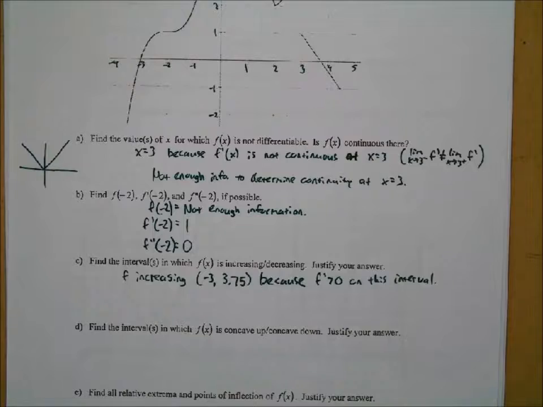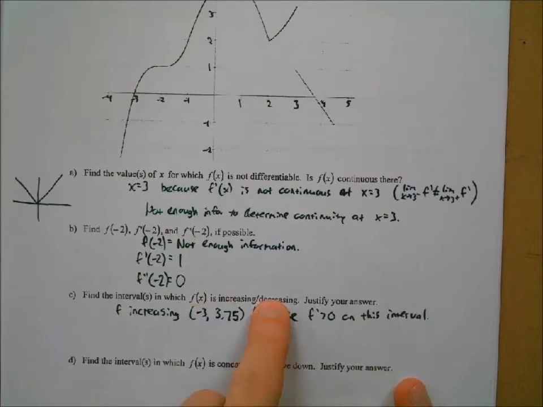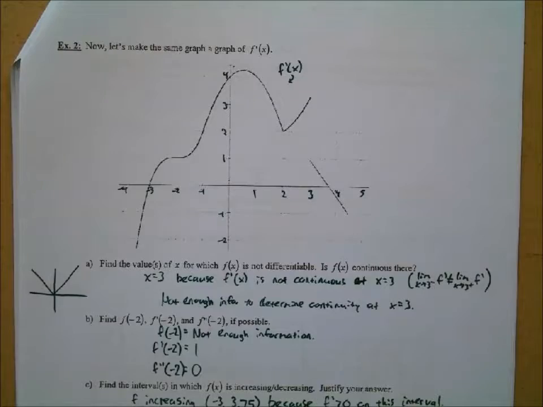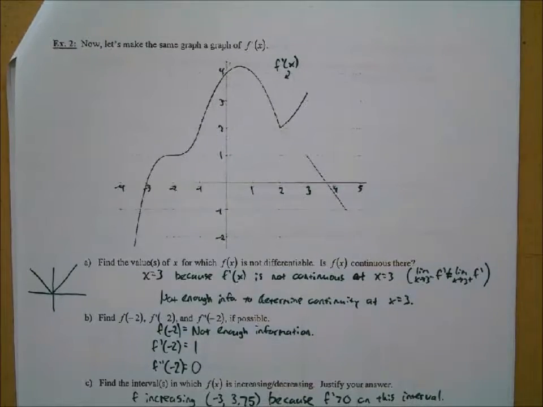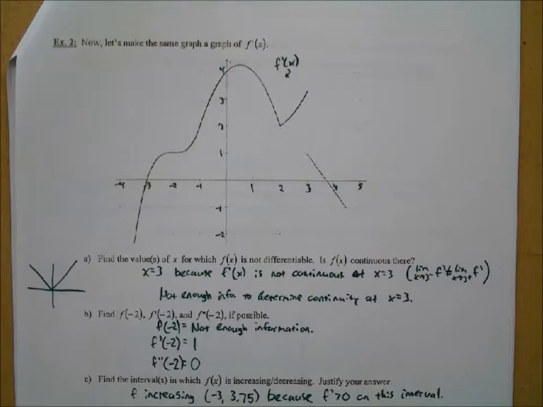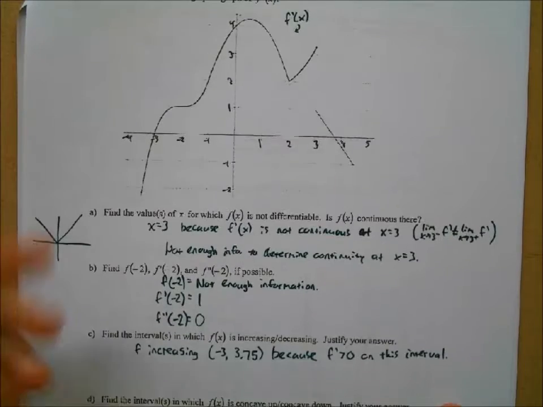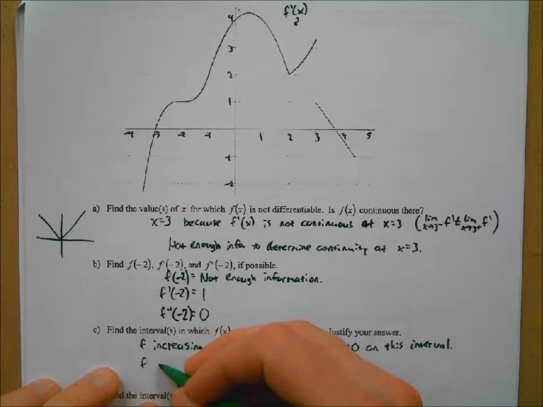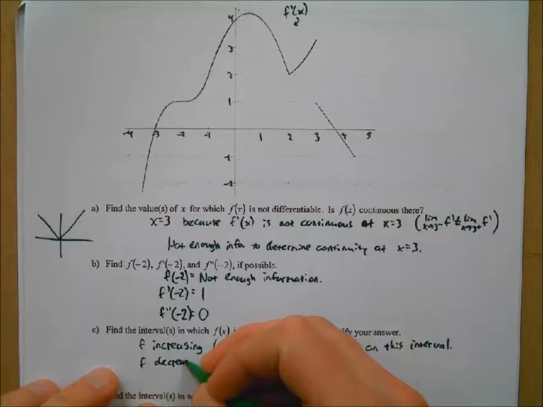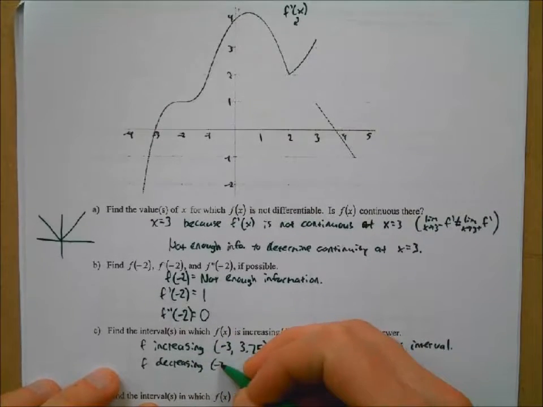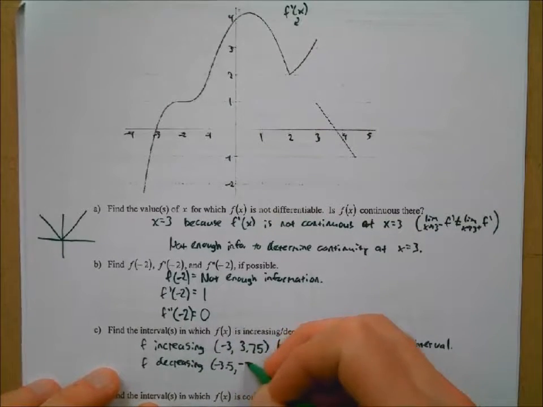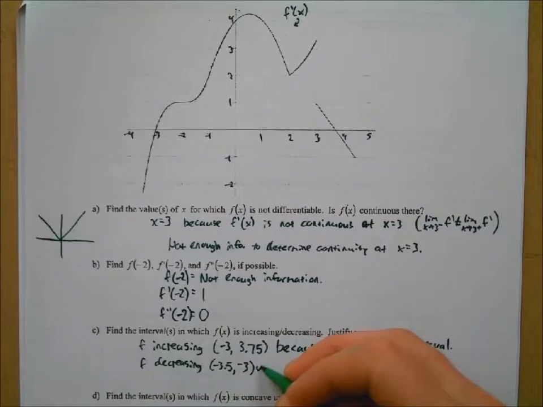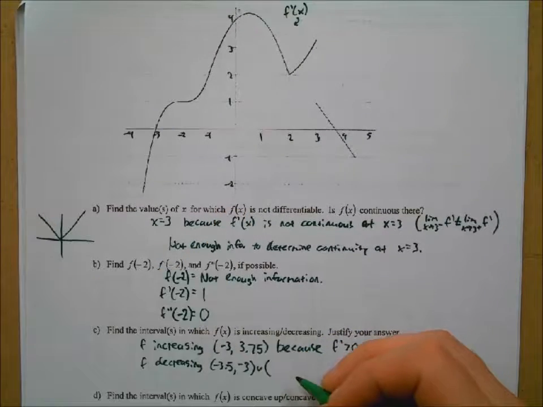So, if we're trying to then determine where f is decreasing, we're going to look at the graph of f prime, and we want to see when f prime is what? Less than 0 or negative, right? Okay, so we have two intervals for that. It's from negative 3.5 to negative 3, union 3.75 to 4.5.